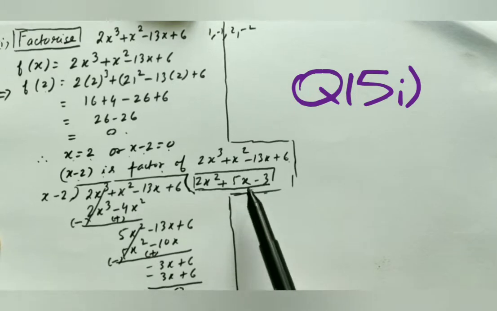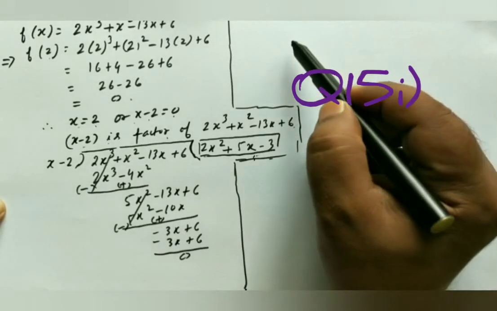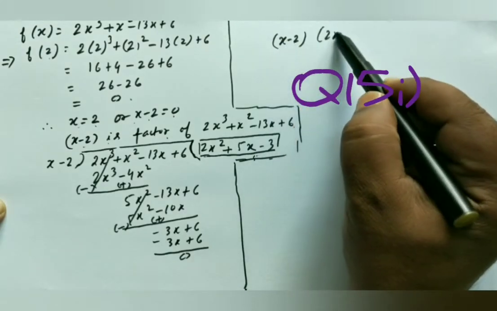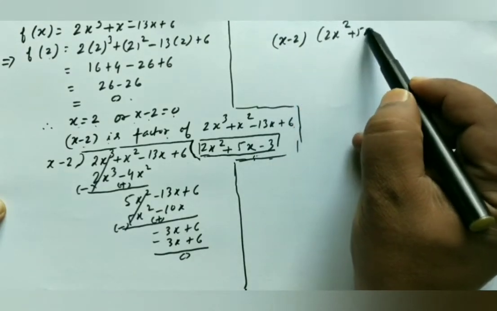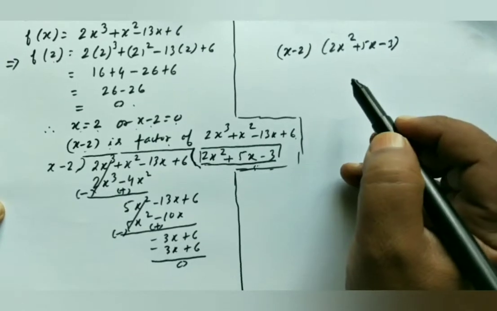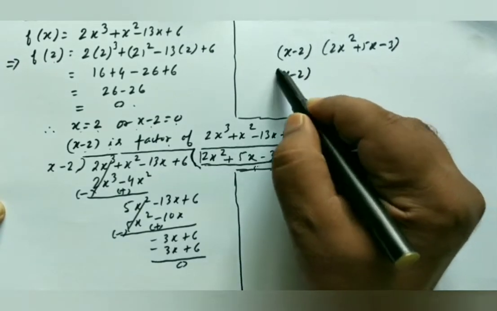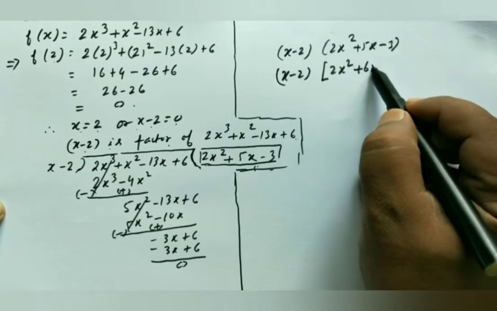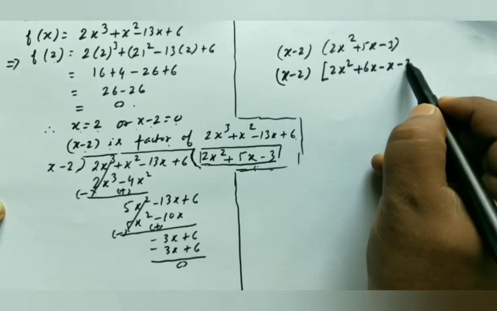The last step. Now to factorize, x minus 2 into 2x square plus 5x minus 3 by middle term break. 6x minus x minus 3.